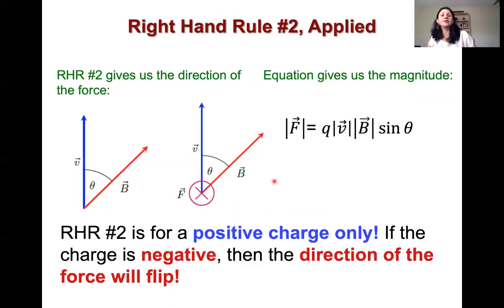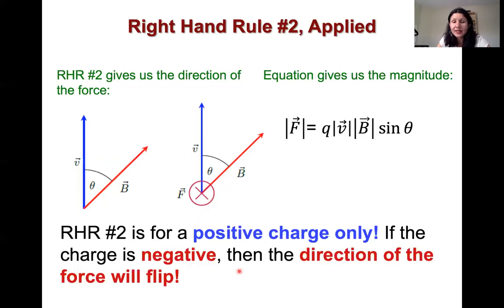So let's do it for this picture. Here we have V pointing up. Again, the component of B that will matter will be to the right. So what do we get? My palm is pushing now into the screen. So our force from this perspective is into the board if the charge is positive.